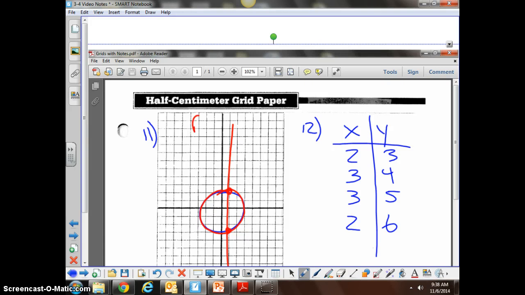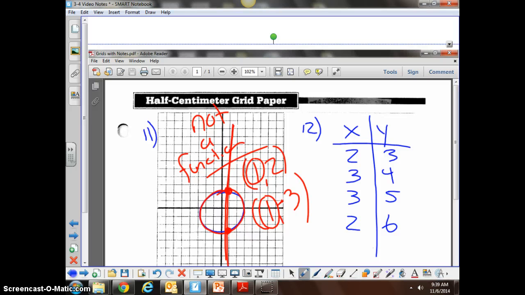Therefore, this is not a function because my vertical line is intersecting the graph in two different spots. It's intersecting at point 1, 2, and at point 1, negative 3. My input, 1, has an answer of 2, and I also have an answer of negative 3. Therefore, my input has two outputs, not a function.